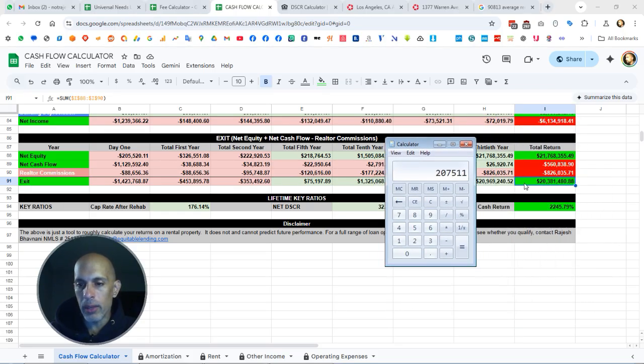And we're going to figure out the CAGR here. Okay, so 20,381,480.88 divided by 207,511. We're looking at a 98x return on your money, or a 9,800% return on your money, which is astounding actually. So let's see here.